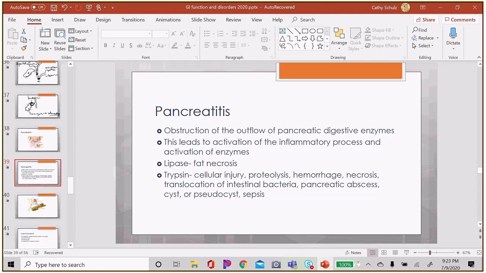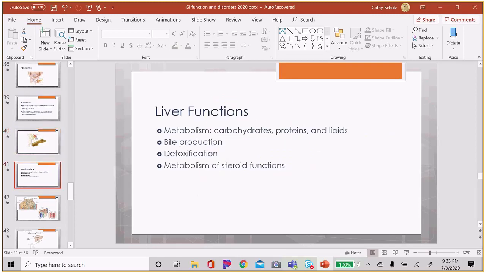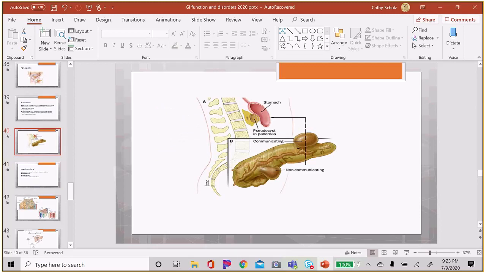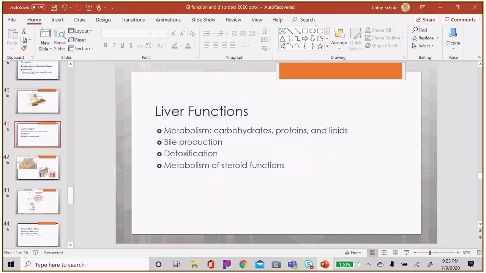And since the cells of the pancreas are made of sugar, protein, and fat, the pancreas essentially auto-digests itself, which leads to a huge cellular injury, necrosis, hemorrhage. It can become infected. It's a big old mess, essentially. That's a picture of a pseudocyst or a large fluid collection that's occurred in the pancreas. And once the pancreas is inflamed, it takes a long time for that to get better.